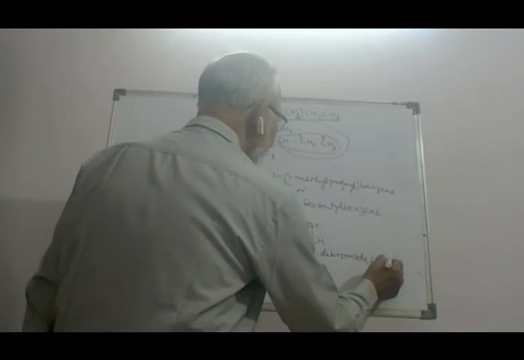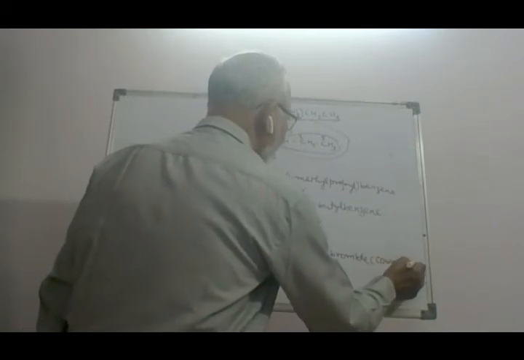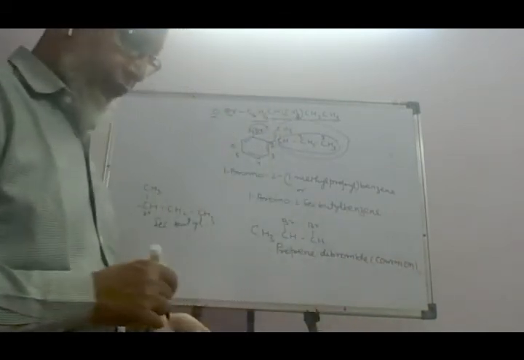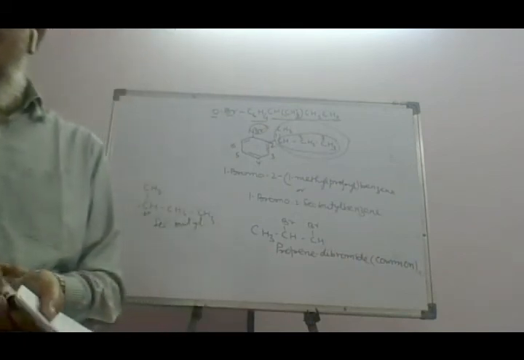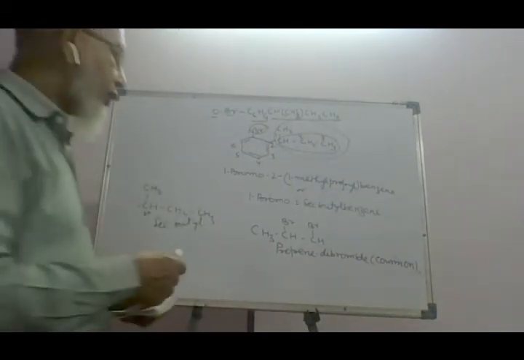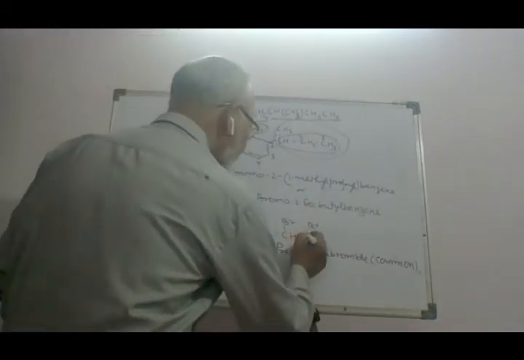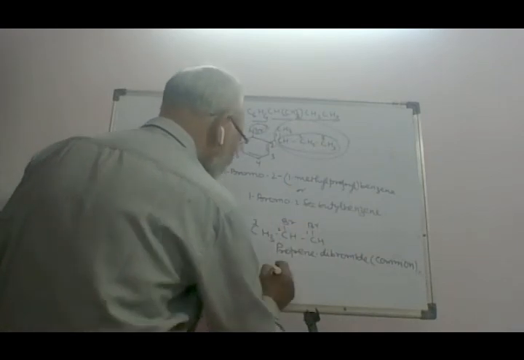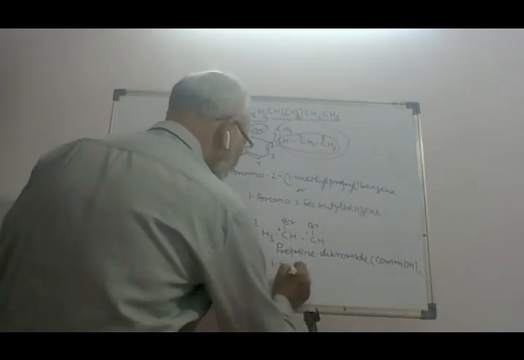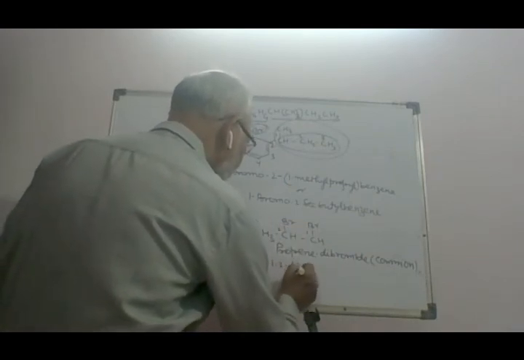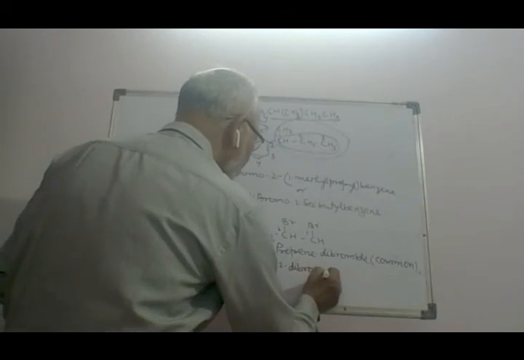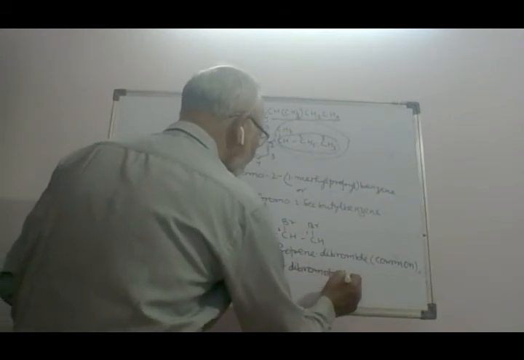This is your common name. But if we name it according to the IUPAC naming system, then we will have to do the numbering like this: 1, 2, 3. This is your 1, 2-dibromopropane.